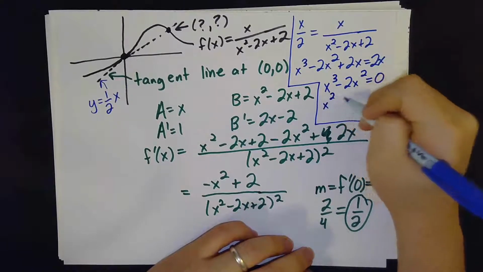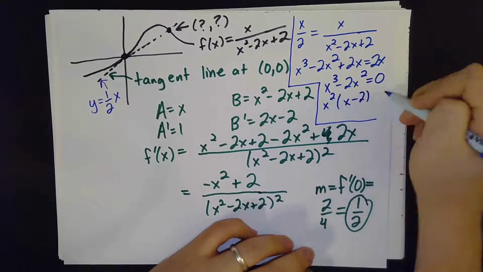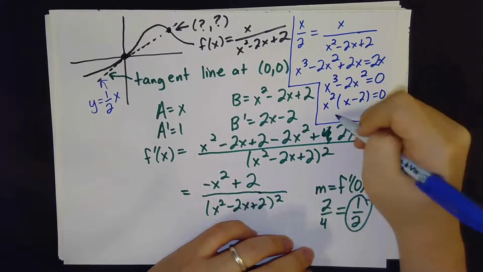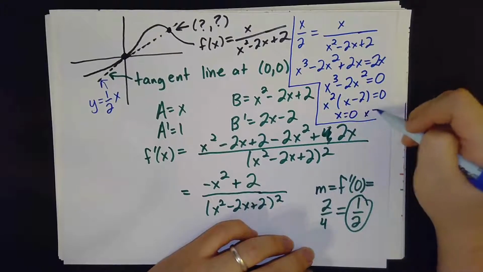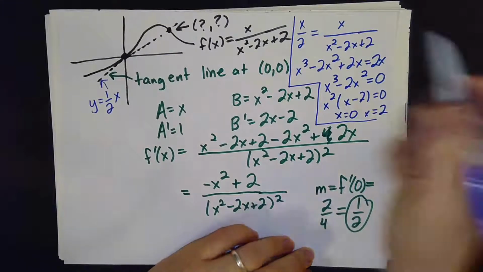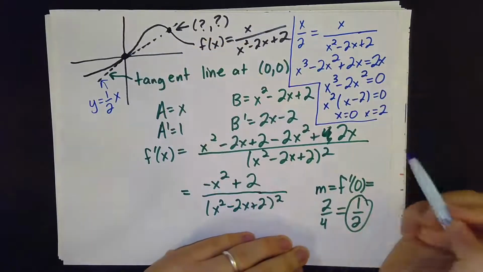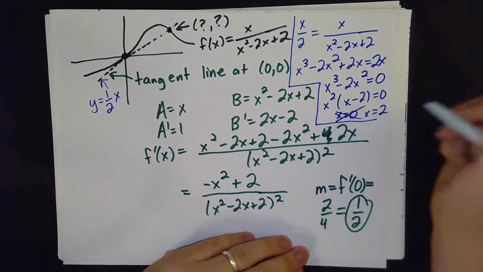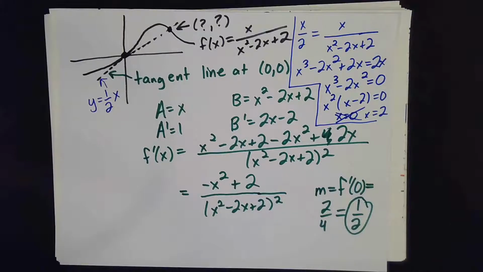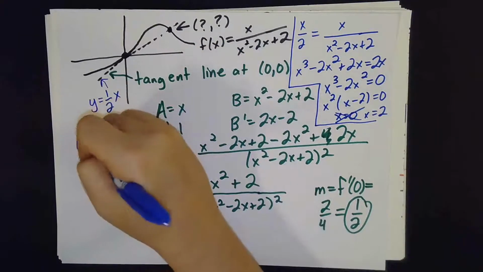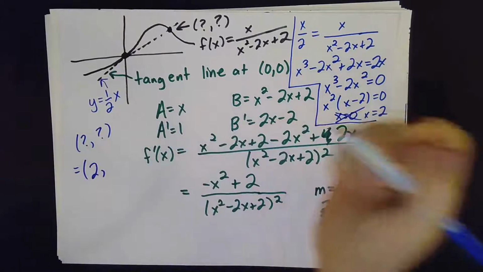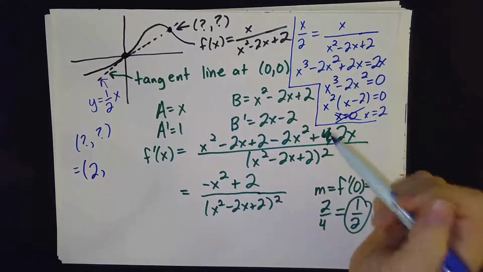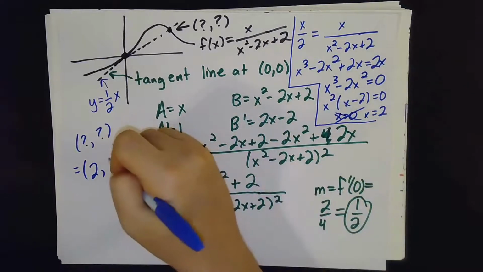And I can factor out an x squared. And that will tell me that I'm either looking for x equals 0 or x equals 2. But x equals 0 is this point that I started at, so it's definitely not the one I'm looking for. So I'm looking for x equals 2. And so that means the coordinates of this point are 2, comma, and then f of 2. And f of 2 is 1.